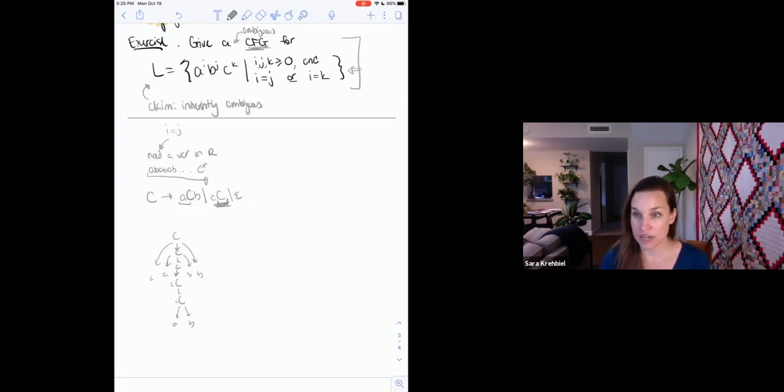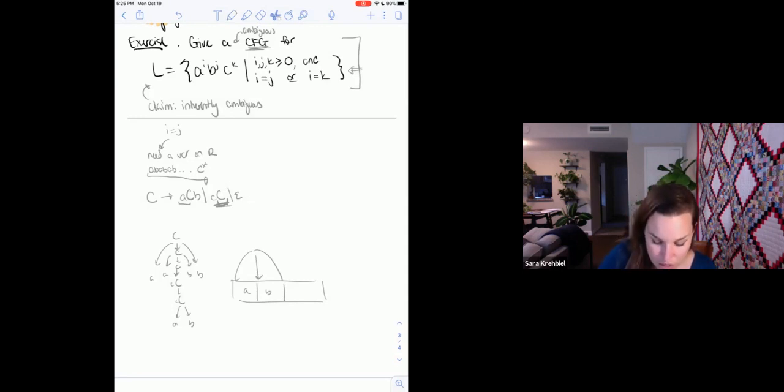So what if we take more of a divide and conquer style approach here, and we say matching A's with B's is something that we know how to do, just in that 0 to the n, 1 to the n style. And so we can get rid of this C rule.